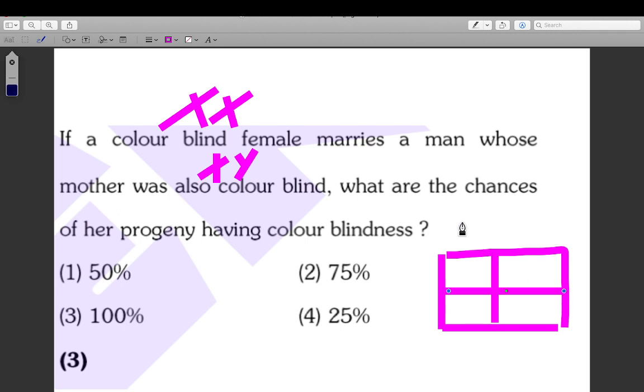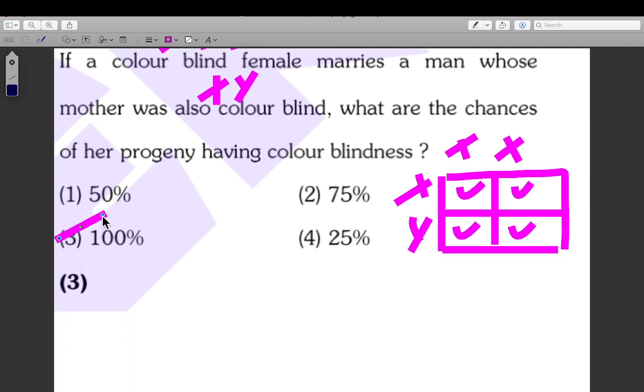So इसमें आप XX मतलब defective X of the mother, defective X of the father and normal Y of the father. आपको मिलेगा कि these two are the girls and these two are the boys. So both the girls will have 2 defective X's, so they are colorblind. And the boys have 1 defective X and 1 normal Y, which makes them colorblind, since colorblindness is an X-linked recessive disorder, which means that 100% of their children will be colorblind.